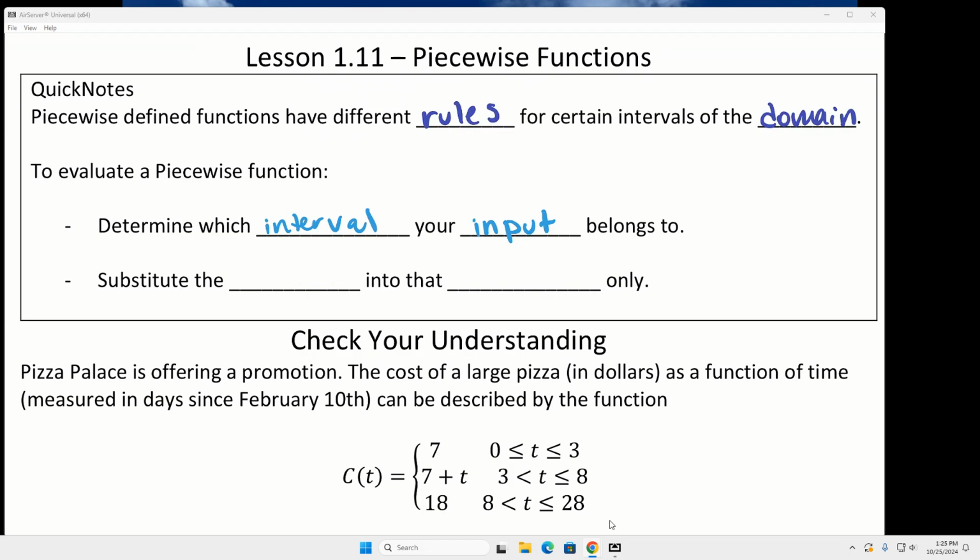And then you're going to substitute the input into that piece only. When we evaluate, we're not going to put a number into multiple pieces. You just pick one.